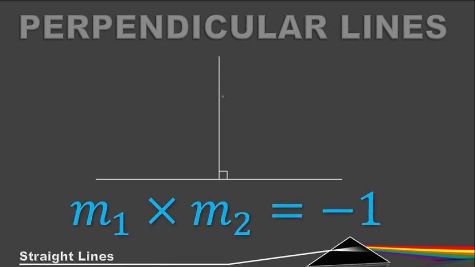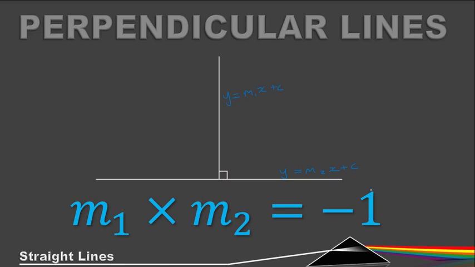If this is line y equals m1x plus c, and this line is y equals m2x plus c, then if I multiply the two gradients together, their answer will always be equal to minus 1. So that is a method that we can use to test whether two lines are perpendicular.